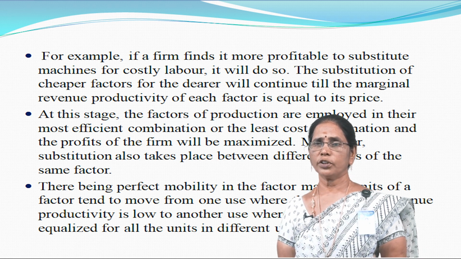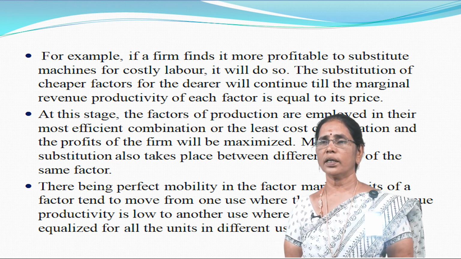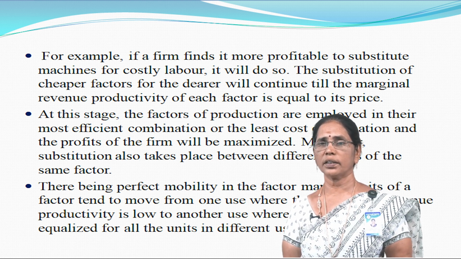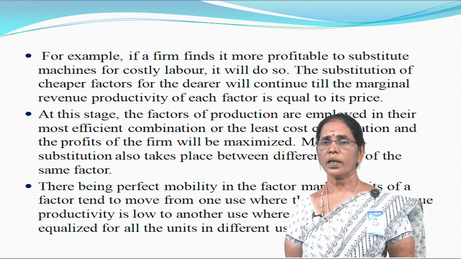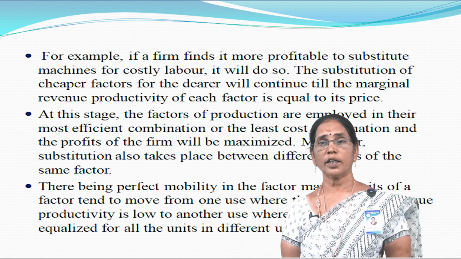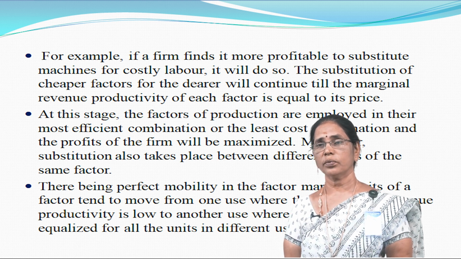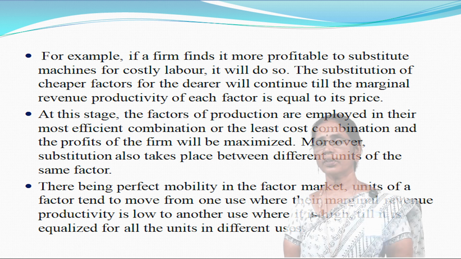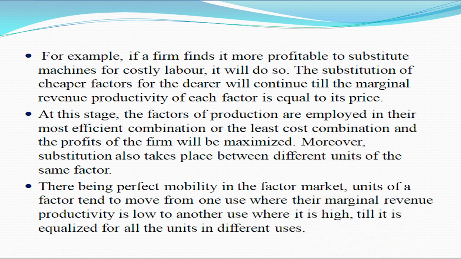The substitution of cheaper factors for the dearer will continue till the marginal revenue productivity of each factor is equal to its price. At this stage, the factors of production are employed in their most efficient combination, or the least cost combination, and the profits of the firm will be maximized.